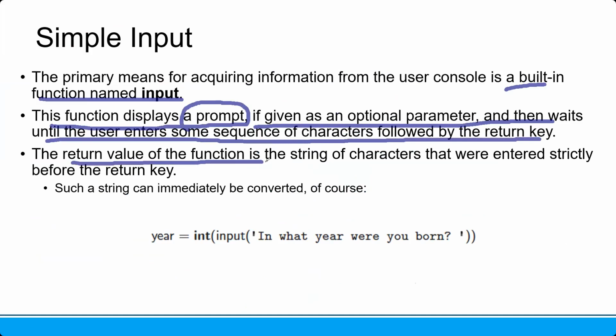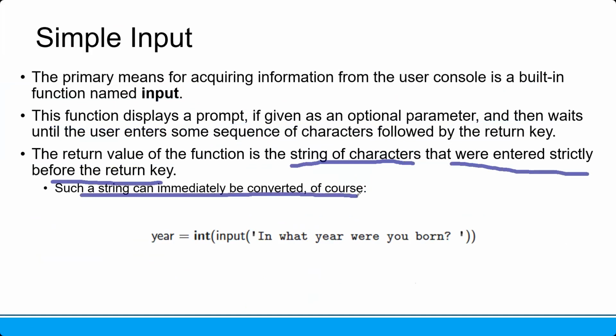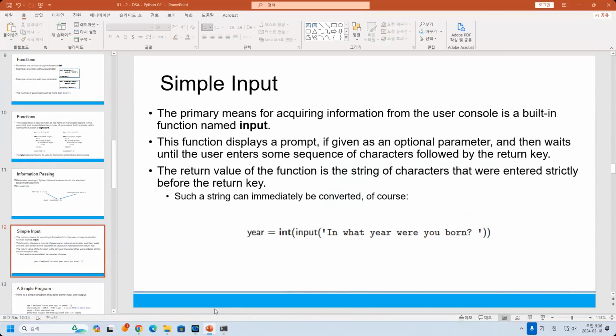The return value of the function is the string of characters entered strictly before the return key. Such a string can immediately be converted. Later we will check how we can convert it.